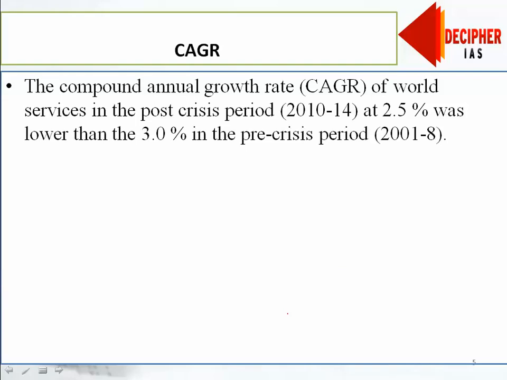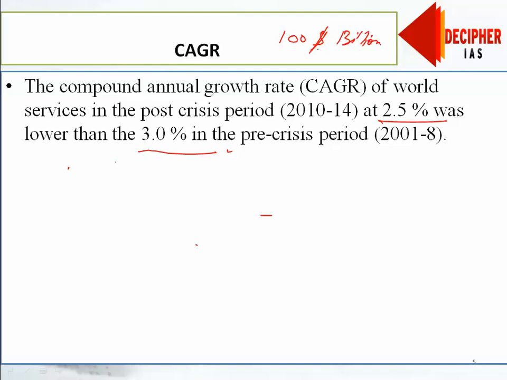Now compound annual growth rate of world services after 2008 financial crisis has decreased by 0.5% to 2.5%. Previously, that is before the global financial crisis, the services were growing at the rate of 3%. Suppose services value is 100 billion.